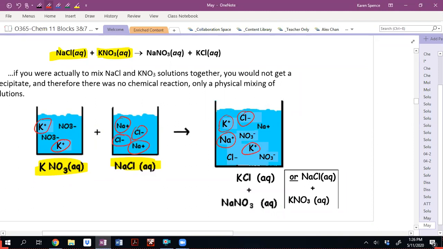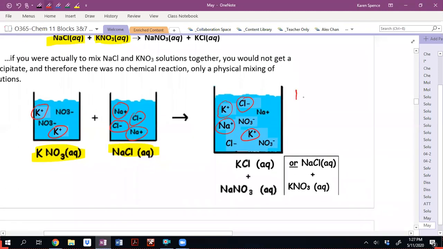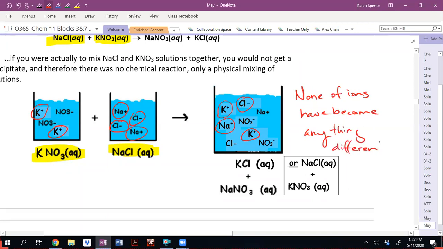No. So because none of the ions have become anything different, there was no reaction. Do you guys remember this from earlier? You used to write NR for no reaction, and that's when both of your products are aqueous, okay?